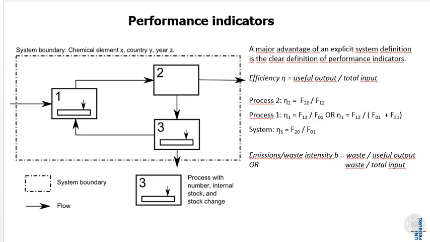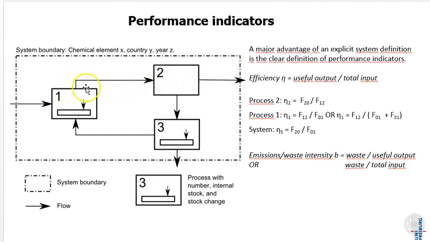So what we can do is point to the system definition and exactly specify which flow is part of which indicators. For example, for process number 2, we can specify an indicator that is maybe the material efficiency of process 2, which is the flow F20 divided by F10.